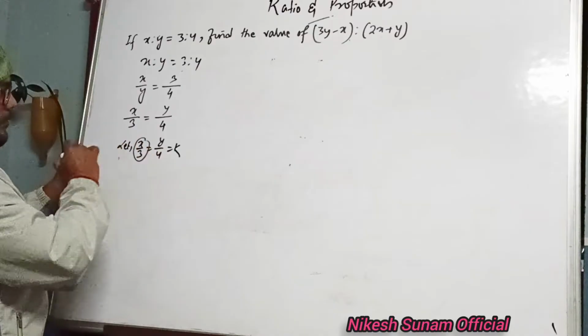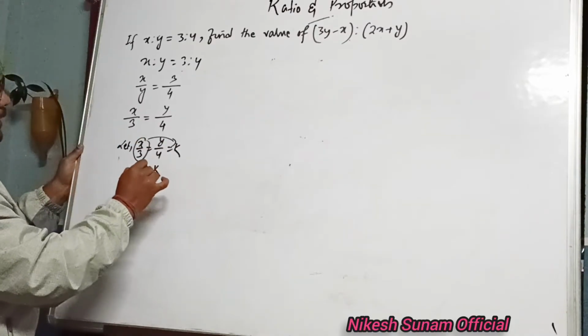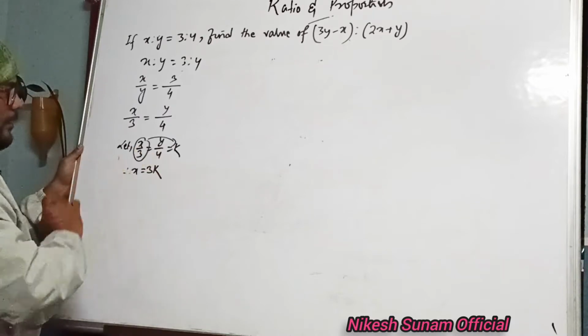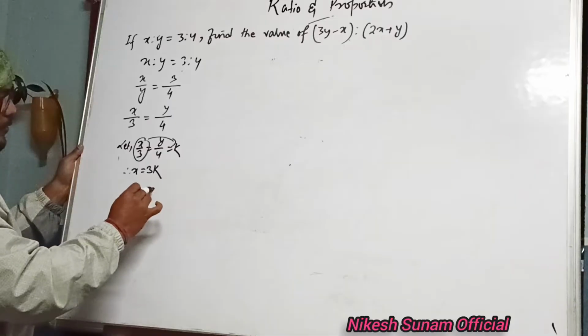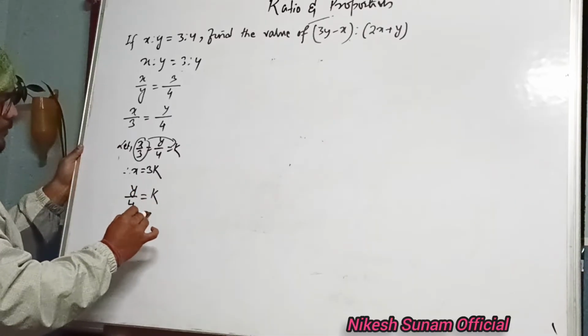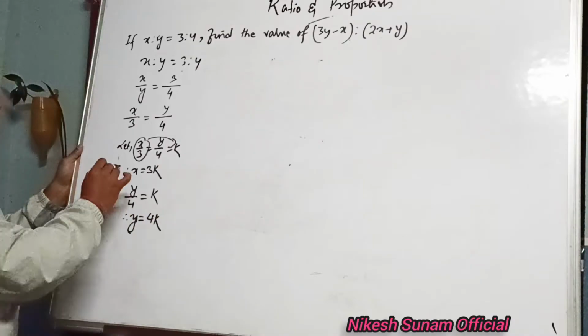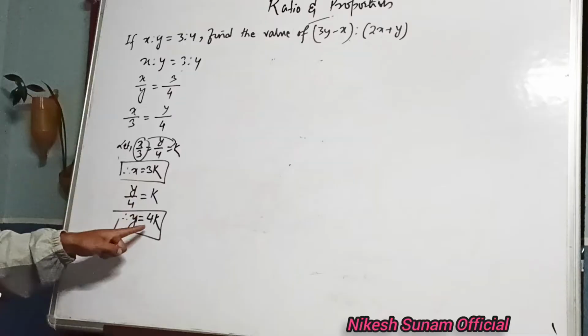From this relation, x by 3 equals k, you can easily get the value of x as 3k. In a similar way, you equate y by 4 equals k, and very clearly you get y equals 4k. So now we have the values of x and y as 3k and 4k.